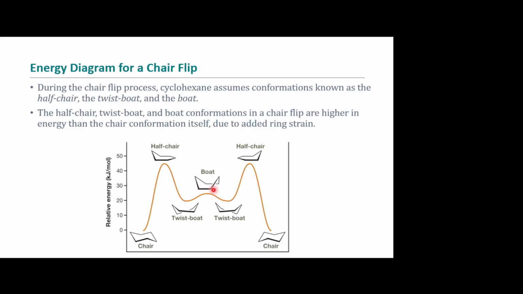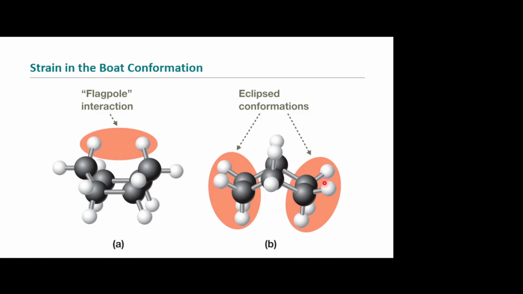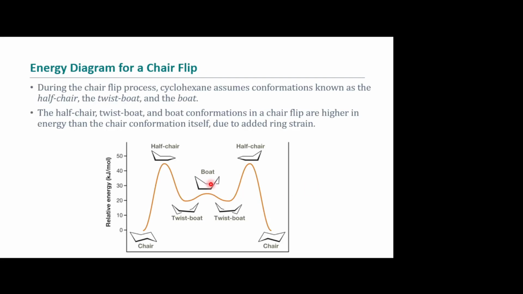Anyways, flagpole interaction. This right here, by the way, notice that these are going to be eclipsed. These are these sides here. Can you see that those are going to end up eclipsing each other, aren't they? And so we end up with the eclipsed conformations on those carbons. And so this is very high energy. It ends up being quite high energy, and it's not particularly stable. It is going to fall off onto these two.